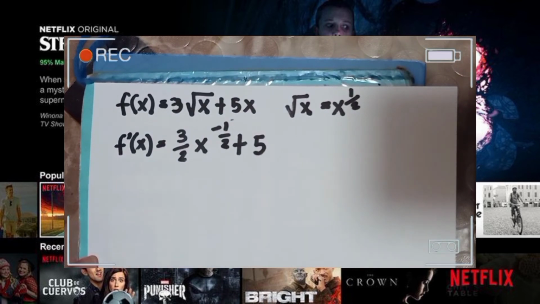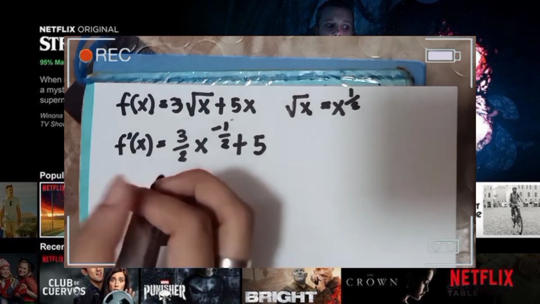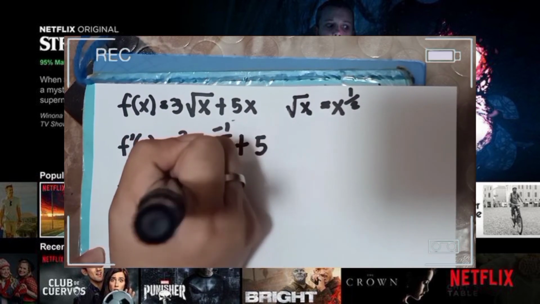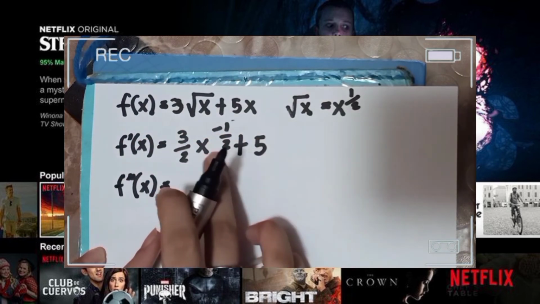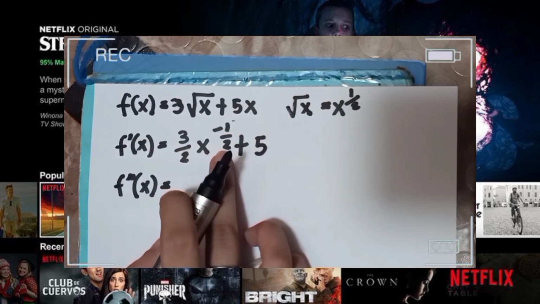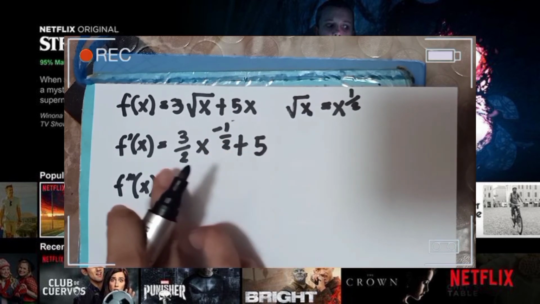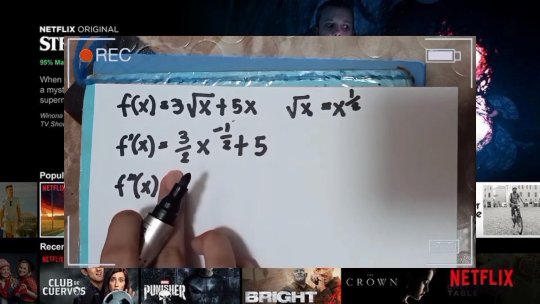Let's do another derivative. So this is the second derivative. And I will bring down this power. So now I have negative 1/2 multiplied by the positive 3/2.